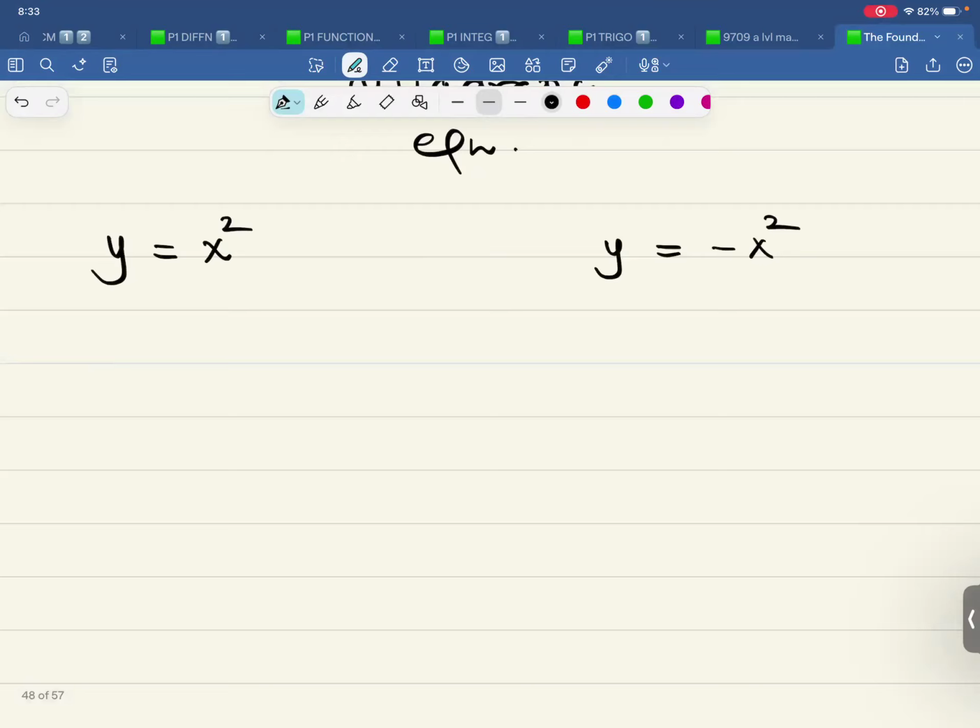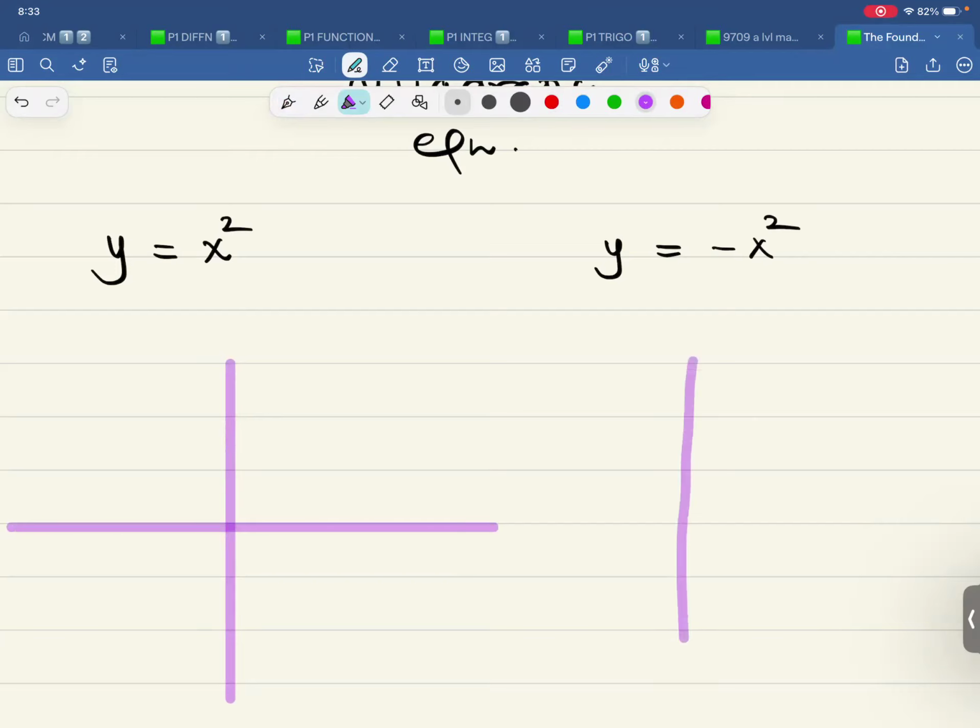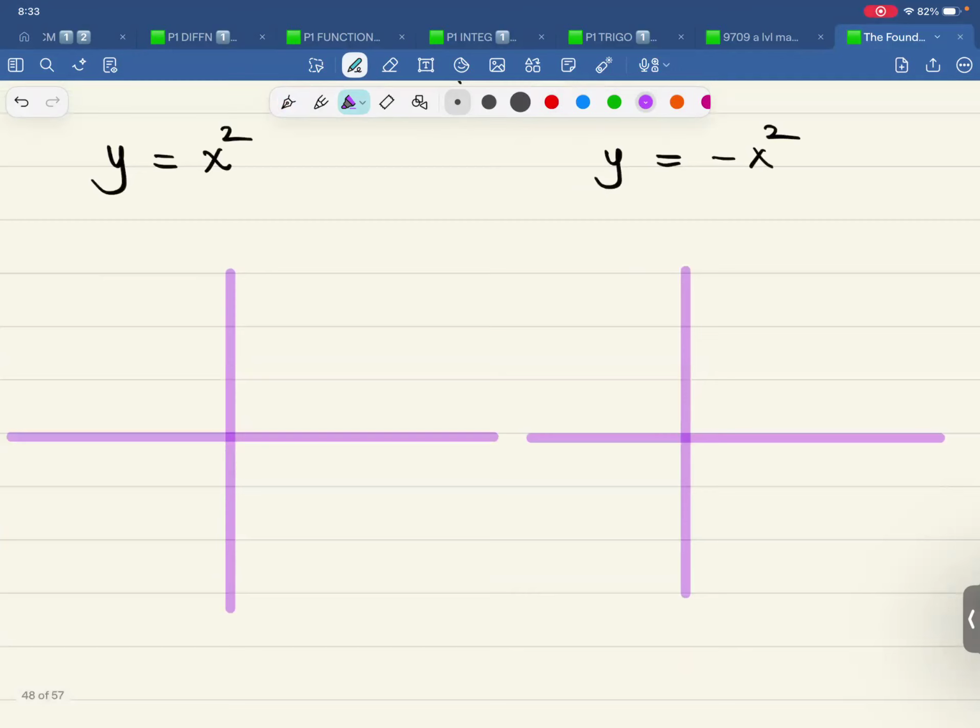When we talk about y equals x square, let me draw a grid first, and another grid over here. Okay, so y equals x square. I'm just looking for one thing, which is this.